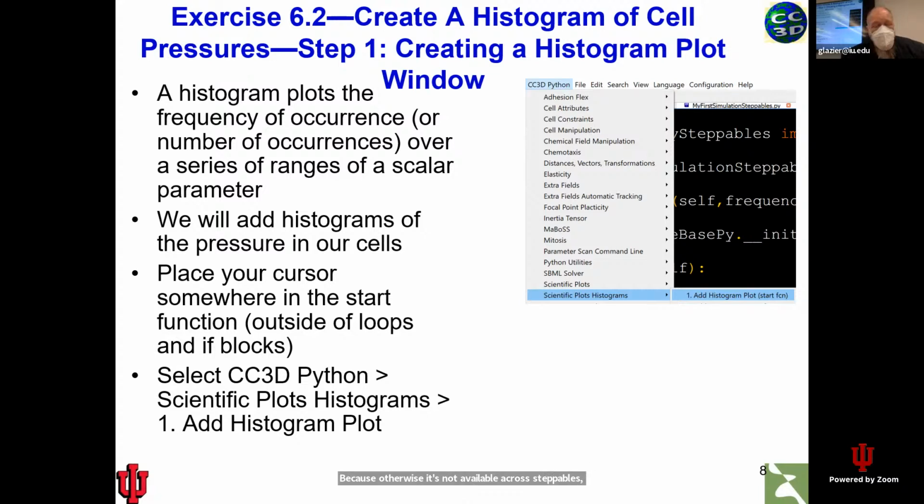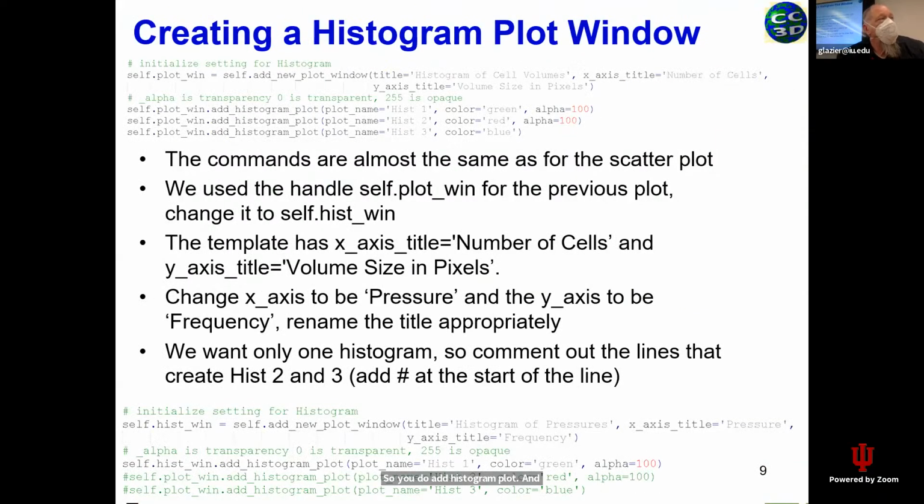Okay. So you do Add Histogram Plot, and it will give you something that will look almost like what we have for the scientific plots. You'll see self.plotWin, the handle for the plot window that you're creating, equals self.addNewPlotWindow. In this case, that looks exactly like our old ones.